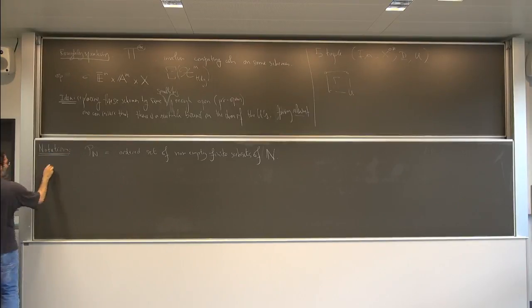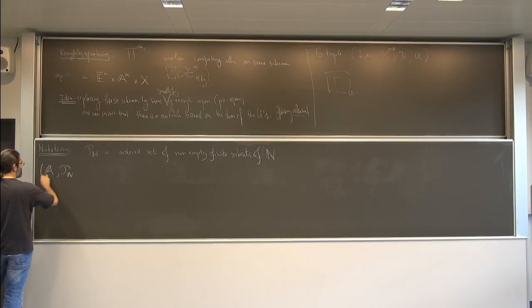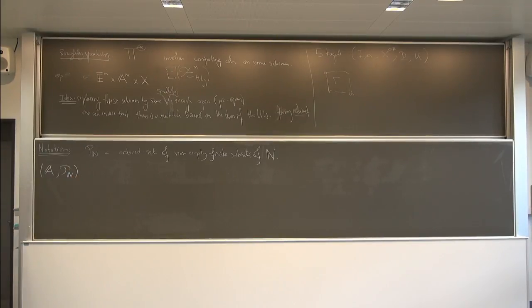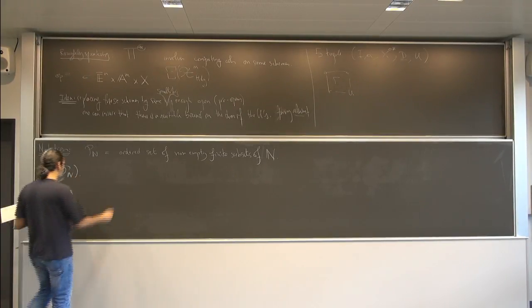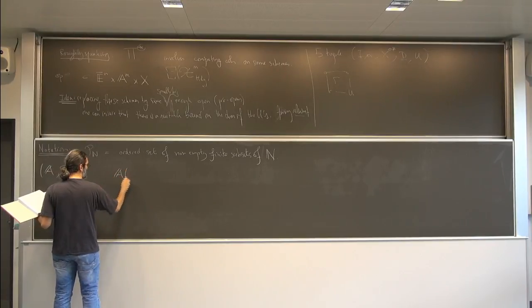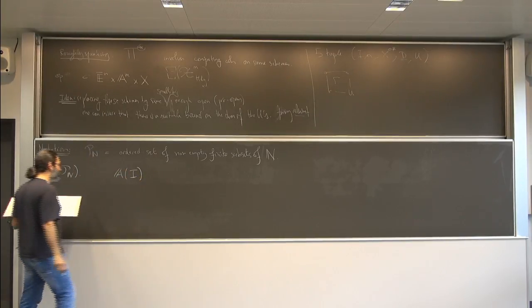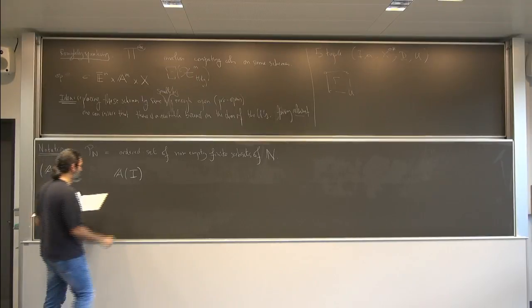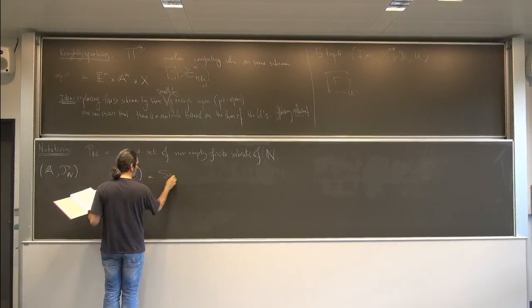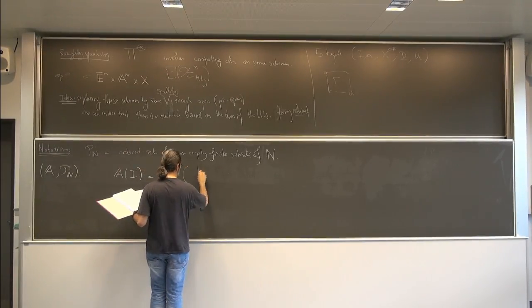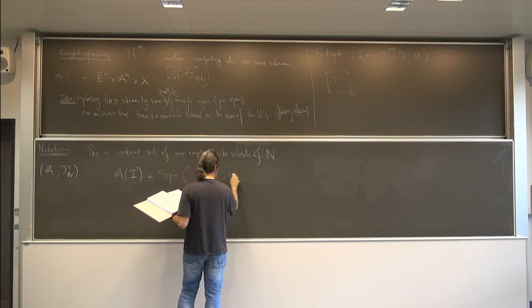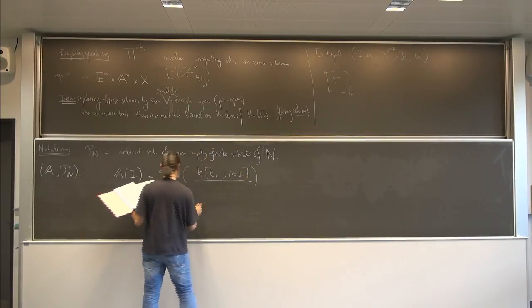And we have a diagram of schemes indexed by this ordered set, which is given by the functor that takes a finite subset I and associates to it the spectrum of this usual thing.